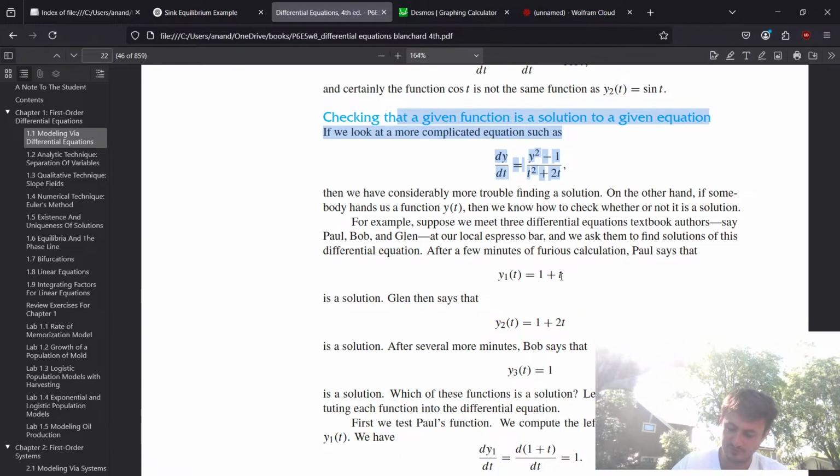So we take the derivative of that, so y prime is just 1. Then on the left-hand side, we have 1 equal to y squared, which is 1 plus t squared minus 1 over t squared plus 2t.